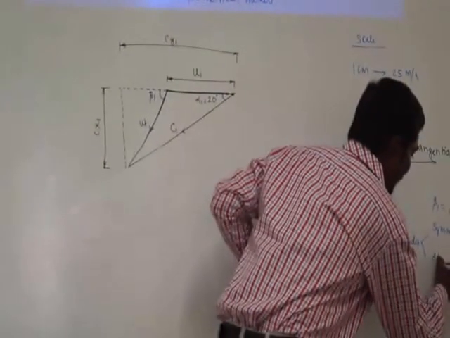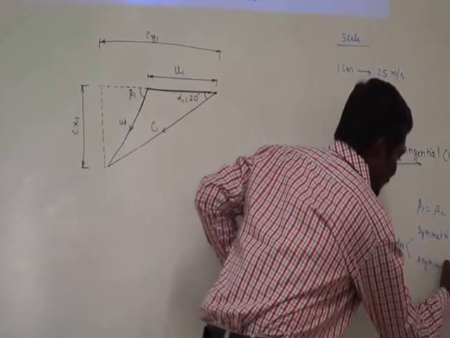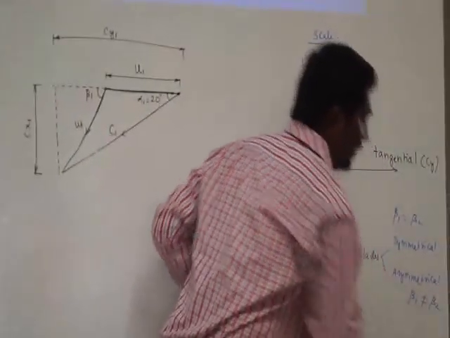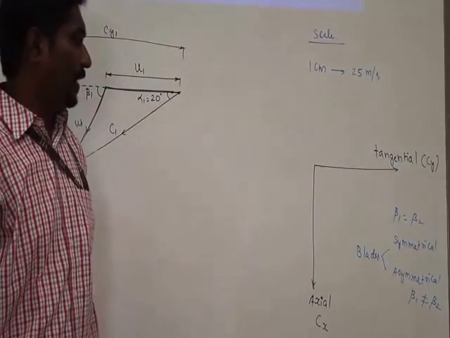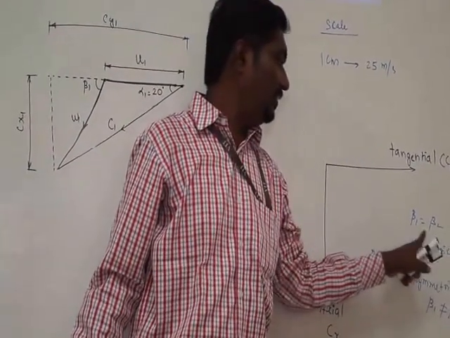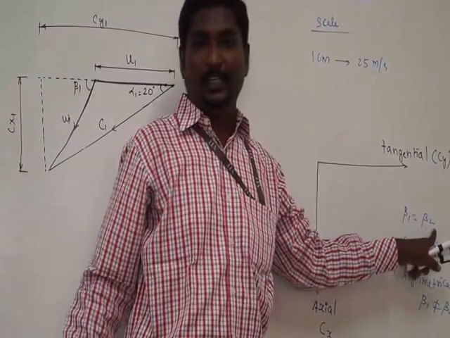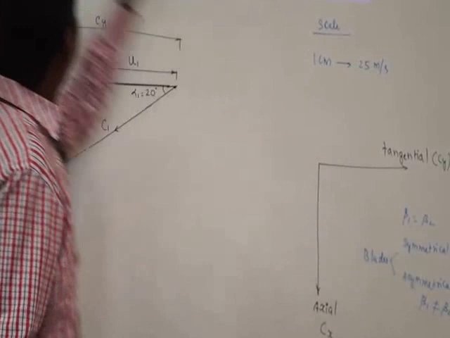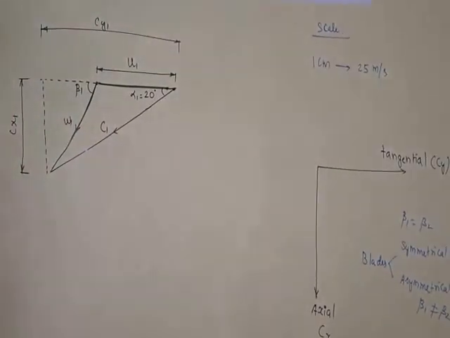When you have asymmetrical blade, that means these two values will not be equal. They will be different and it will be specified in the problem. If the problem specifies a symmetrical blade, then β1 equals β2. Inlet blade angle and outlet blade angle will be same. Whereas in this case, they are specified separately, β2.